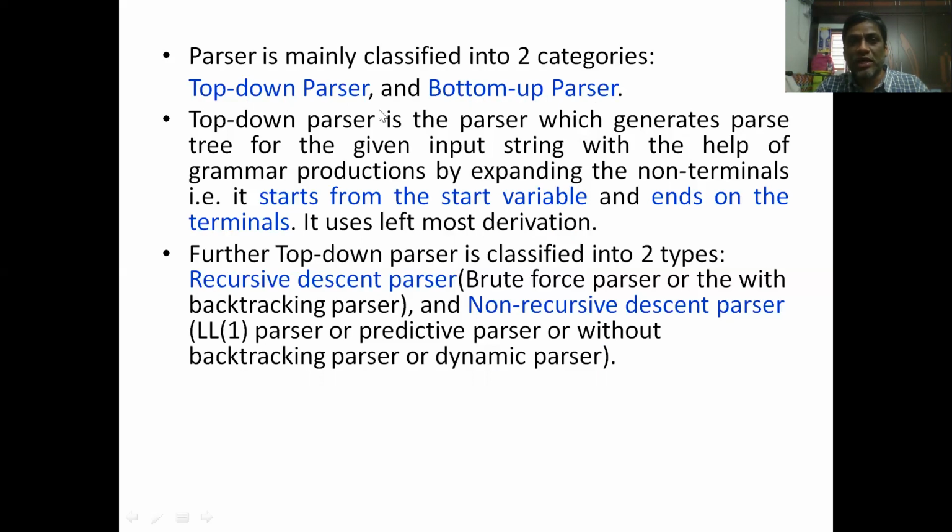Okay. So now let us understand, in top-down parsing approach, the construction of the syntax tree begins from the start variable of the given grammar. So every language is represented by its grammar, right? So we start with that first variable of the grammar, that is the start variable of the grammar.